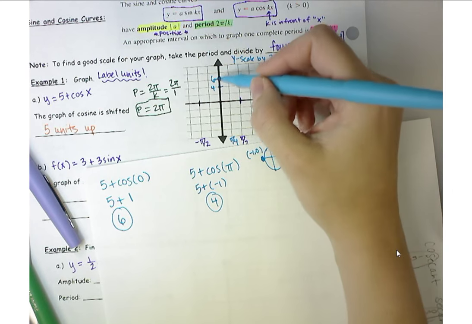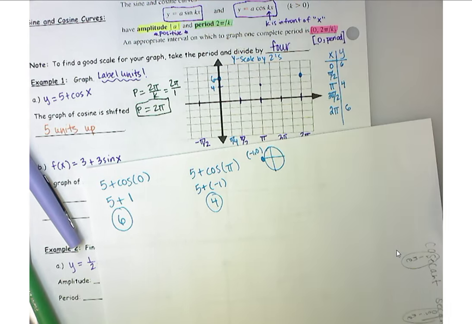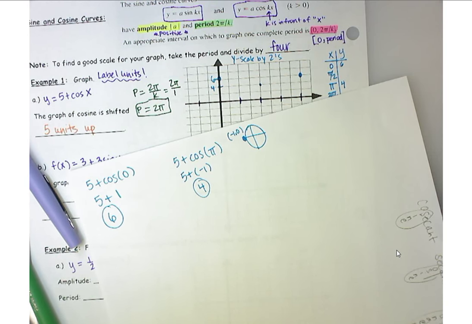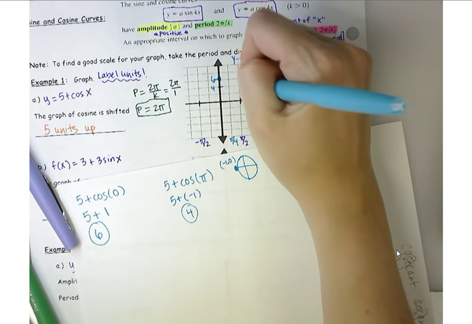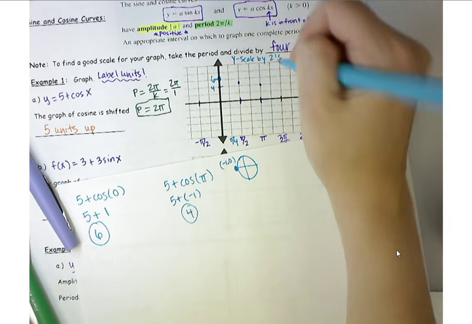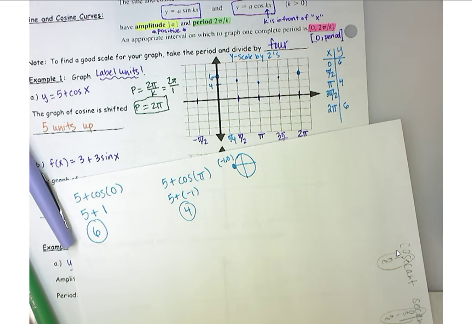And then what's half of the distance between 6 and 4? What's the distance between 6 and 4? 2. What's half of that? 1. So then I would just go 1 unit down in between them, which would be where? 5. And that will be both of them.